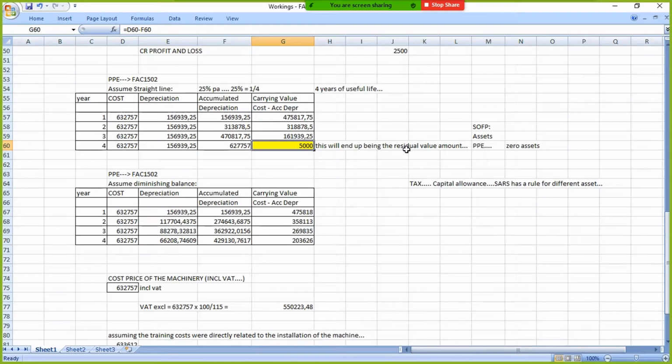So to avoid showing 0 assets on a company's financial statements, they tend to use residual value when you have a straight line method. Straight line will give you 0 at the end of the 4 years if it's 25% per annum. Diminishing balance, you'll never ever get to 0.